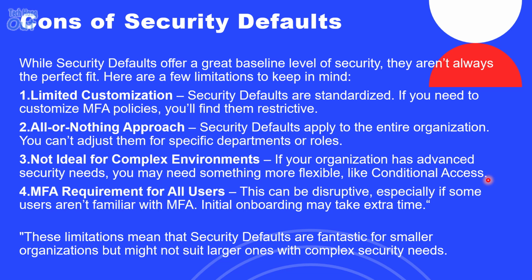If you remember earlier, I mentioned that we have three methods, and in this class I will focus only on security defaults. The next one, number 4, is the MFA requirement for all users. You can see this can be disruptive, especially if some users aren't familiar with MFA. Initial onboarding may take extra time.